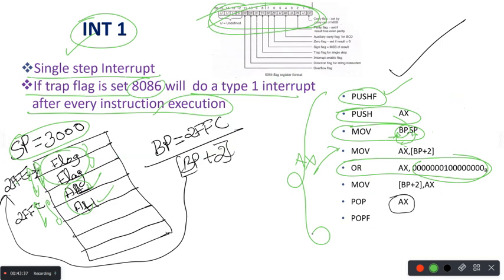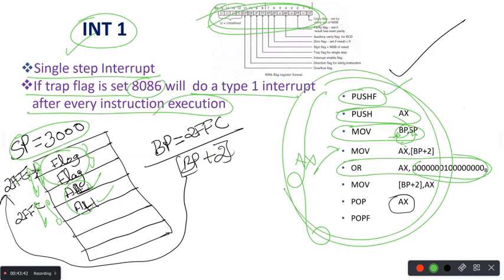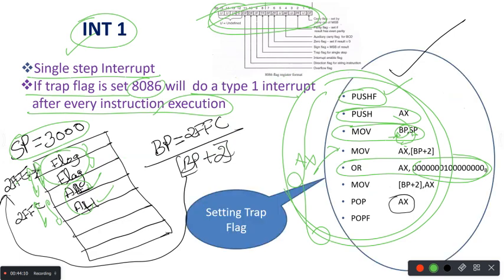To do this, you write this program. You understood this? Now, if trap flag is set, it executes the corresponding instruction in the interrupt service routine, which is to hold the processor until you get the next one. So we will continue from this slide in the next class.